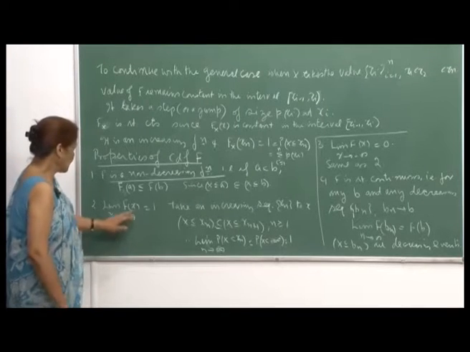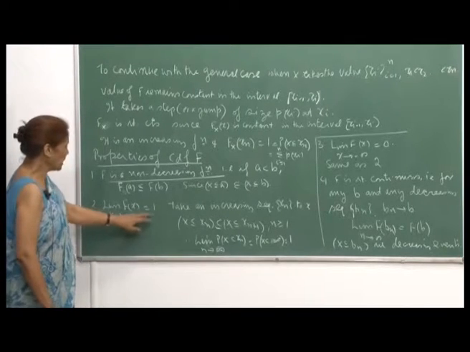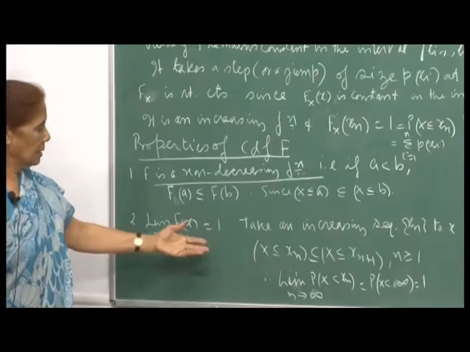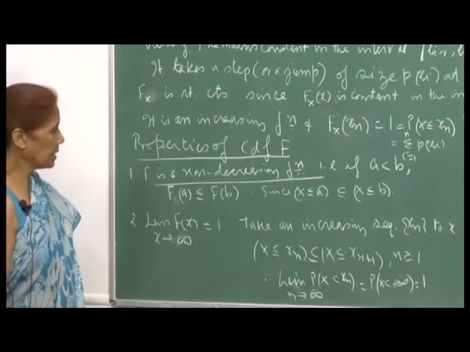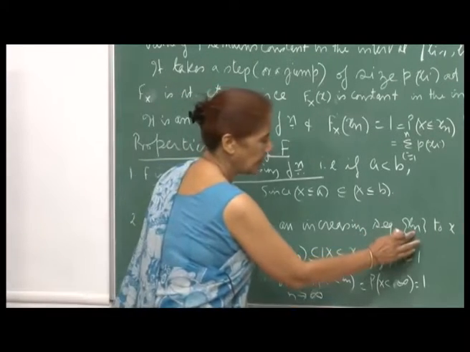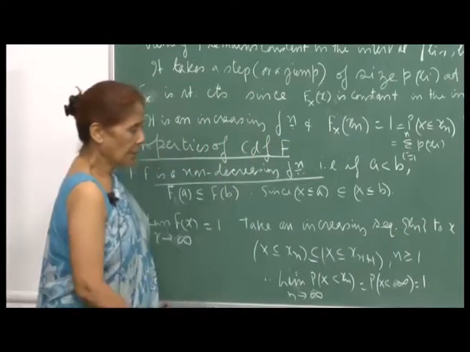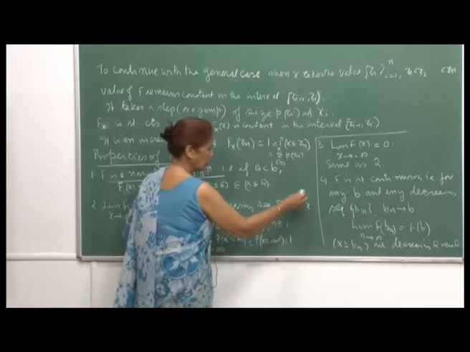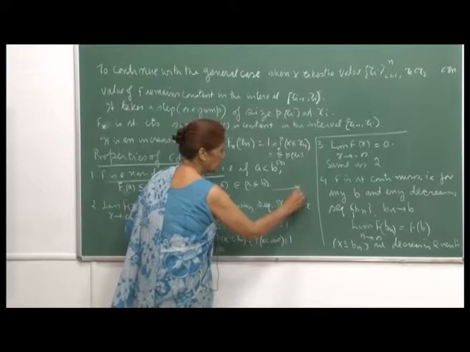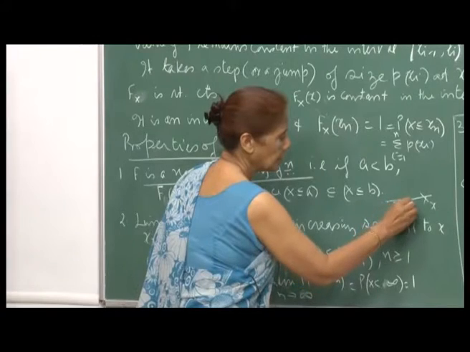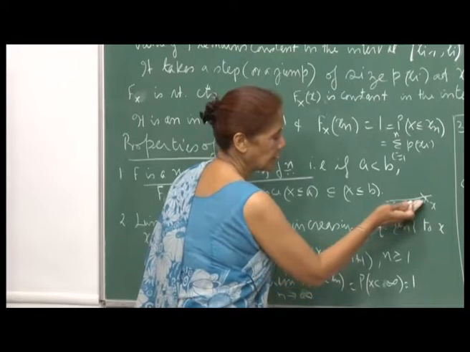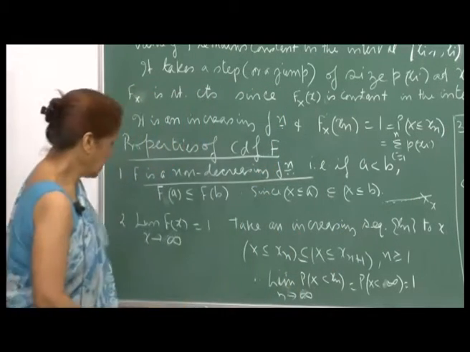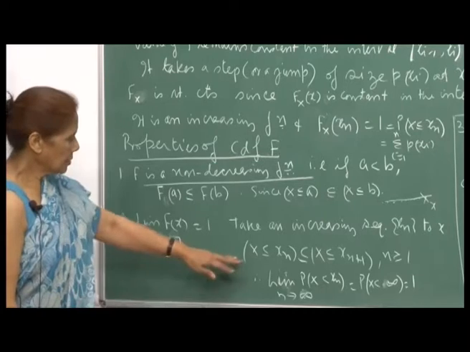Then the limit of F(x) as x goes to infinity is 1. We take an increasing sequence of values x_n increasing to x, that means values keep on increasing and we approach x from below.